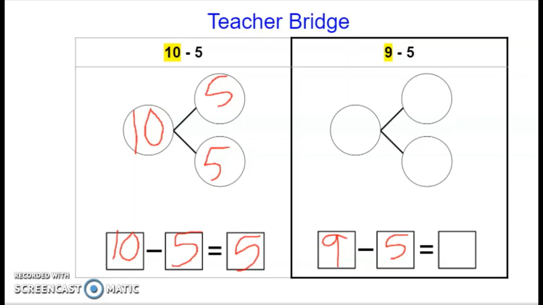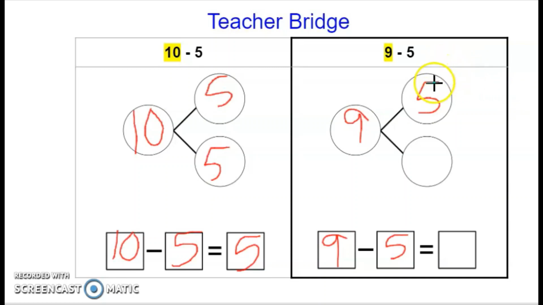So I have 9 here as my whole or my total. And I also know that 5 is one of my parts. Great. So I'm going to go ahead and put 5 in my head. Then I'm going to use the count on strategy to get up to 9 and see what is my missing part. Ready? Put 5 in your head.